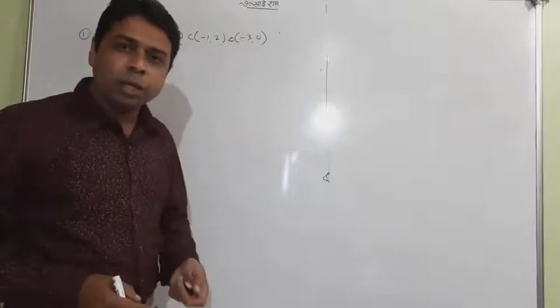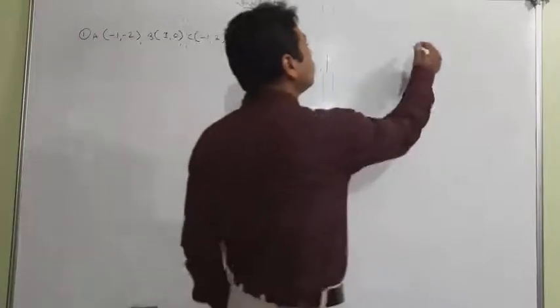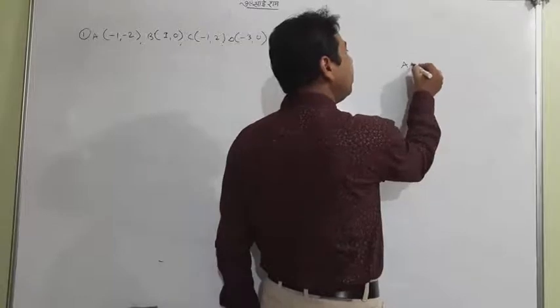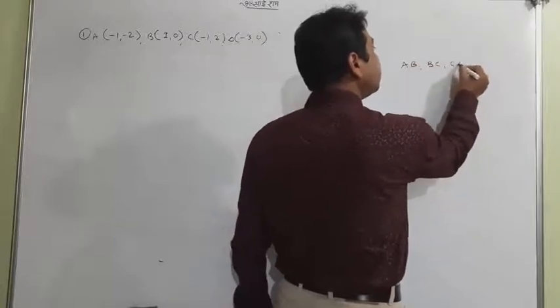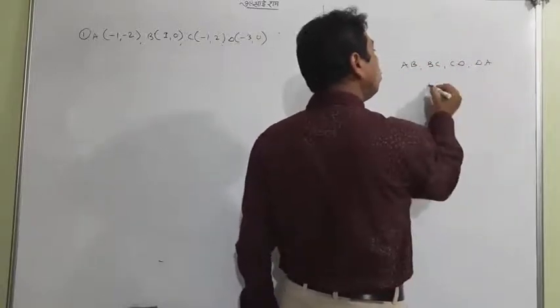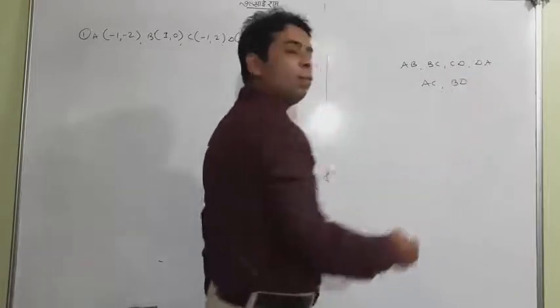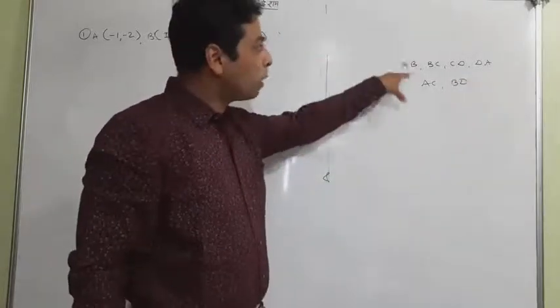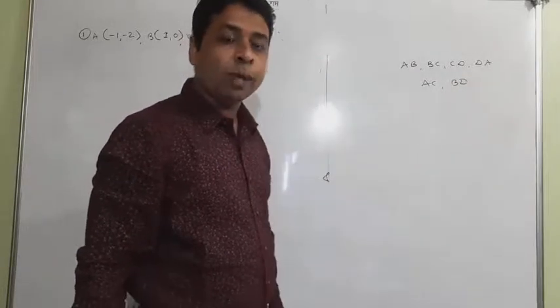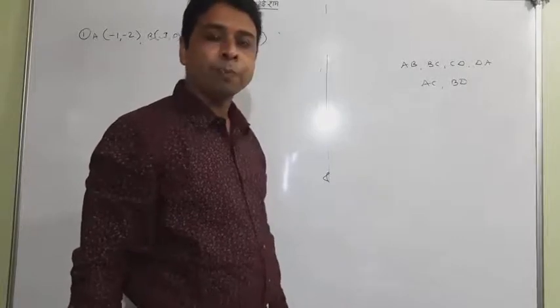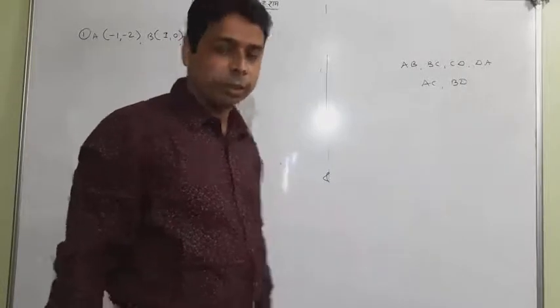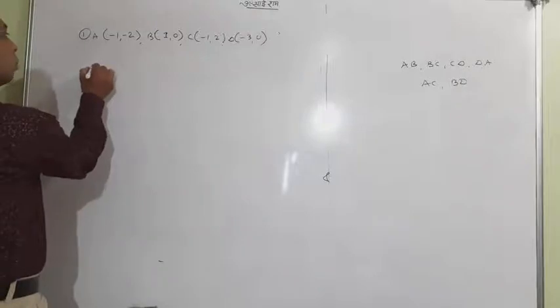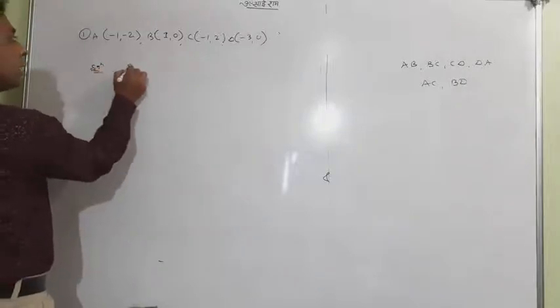So we'll prove which quadrilateral it is: AB, then BC, then CD, then DA, and two diagonals also. And now we'll check that by seeing all these distances, one can check what kind of quadrilateral this is. So okay, first I'll go with the solution by distance formula.